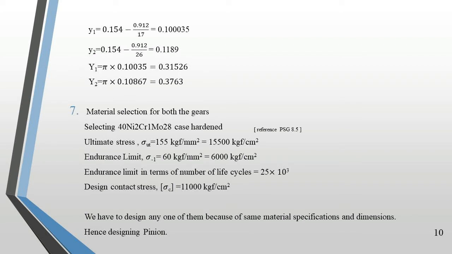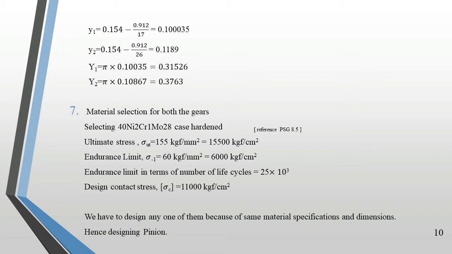Now y1 equals 0.154 minus 0.912 upon 17, that is equal to 0.10035. Similarly for y2, which is 0.154 minus 0.912 upon 26, that is equal to 0.1189.